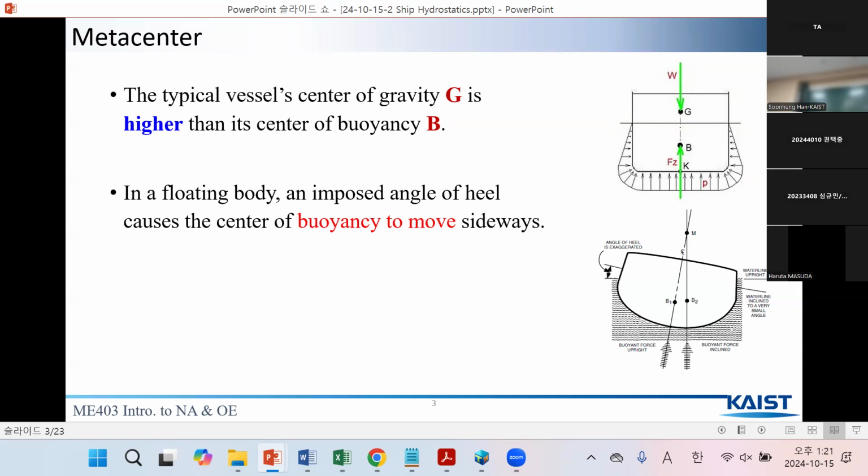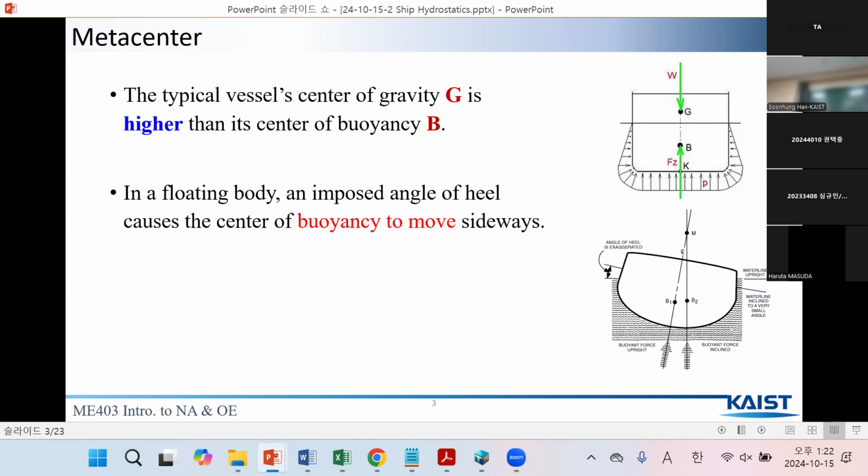And this is changed so that the buoyancy force and weight are still there somewhere here. Where is which? G is not moving, nearly not moving. If a person is moving on the deck, then a very small portion of the G center is changing, but it is negligible.